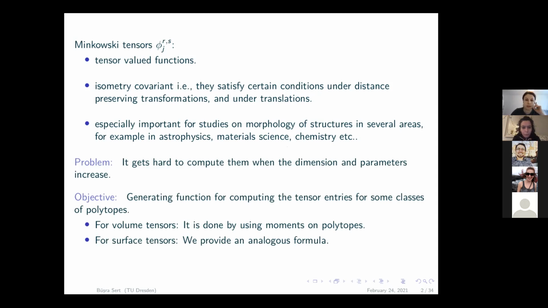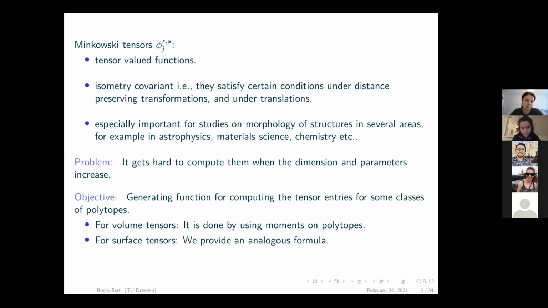We especially focus on the case of polytopes. For volume tensors, this is done by using moments on polytopes, and for surface tensors, in our study, we provide an analogous formula.